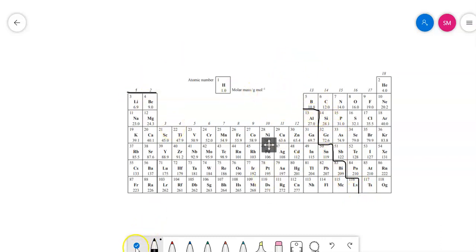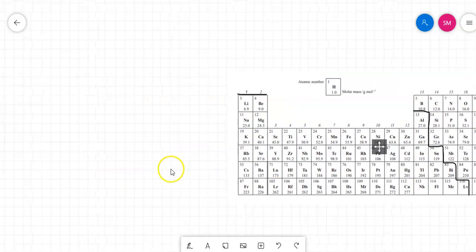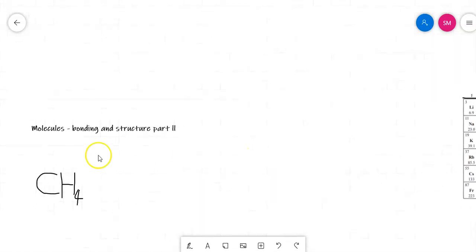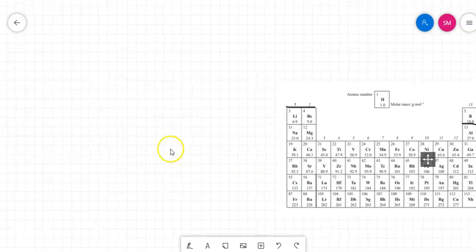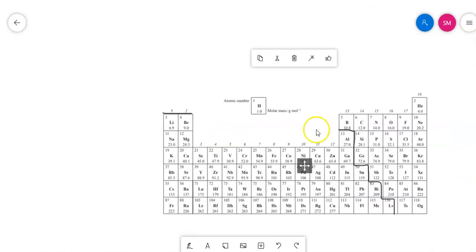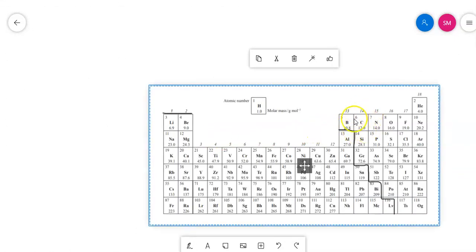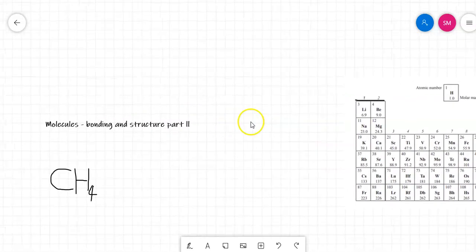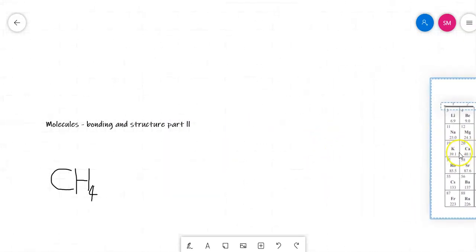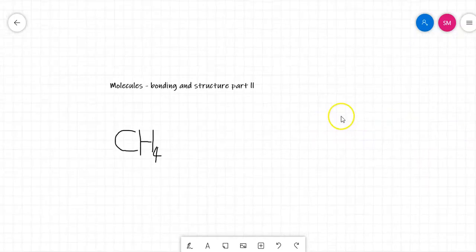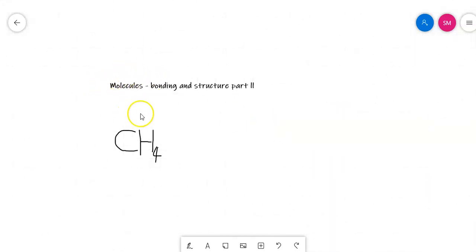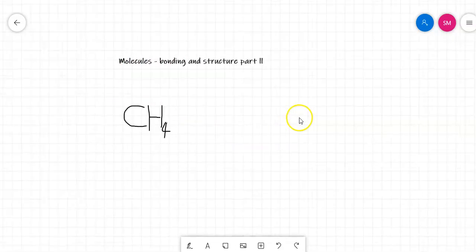So we need to look at that formula, which is CH4, and work out which atoms are in that formula. So here we've got a carbon atom, which is on the right-hand side of the line, so that is a non-metal. And remember that hydrogen is a non-metal as well. So carbon and hydrogen, both non-metals. So that CH4, methane, is a molecule held together with covalent bonds.